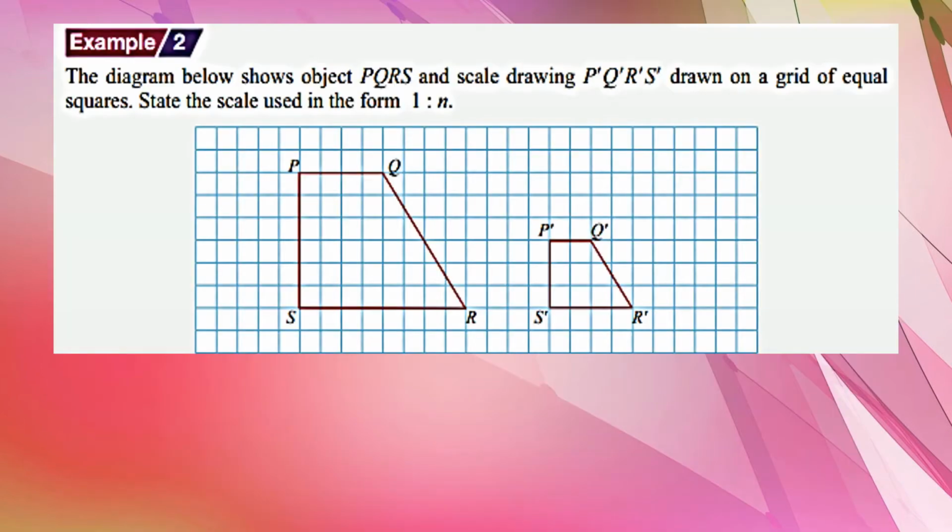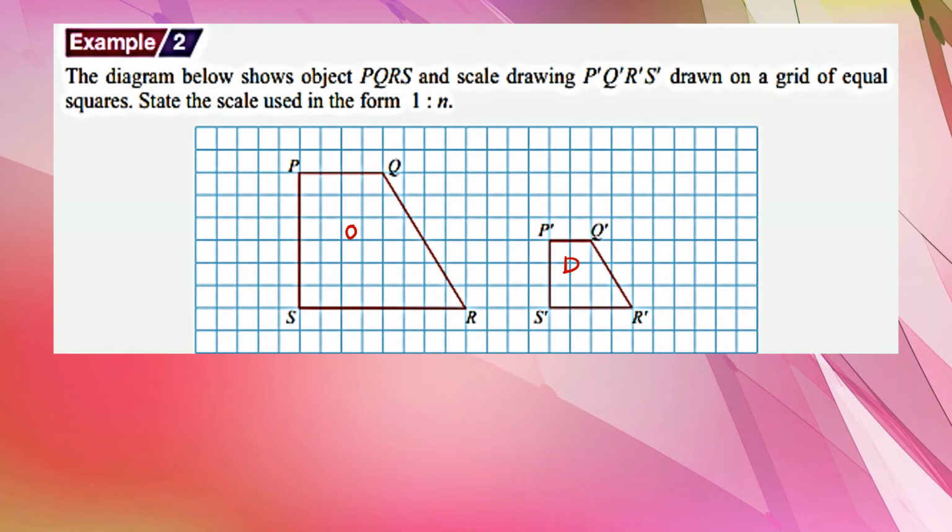Example 2. The diagram below shows object PQRS and scale drawing P prime, Q prime, R prime, S prime drawn on a grid of equal squares. State the scale used in the form 1 is to n. So this is the object, this is the drawing, because it has the prime, right?